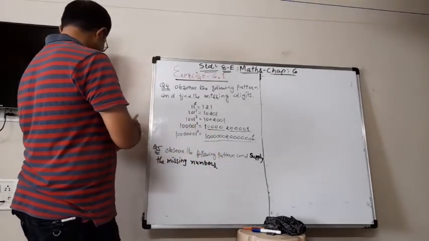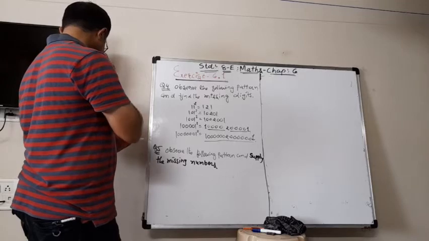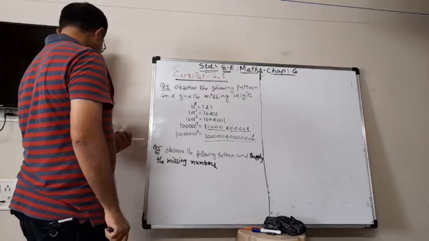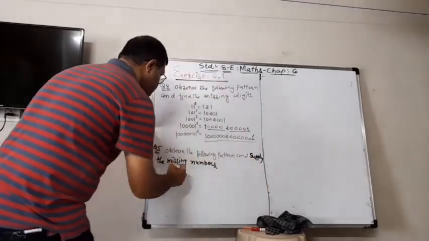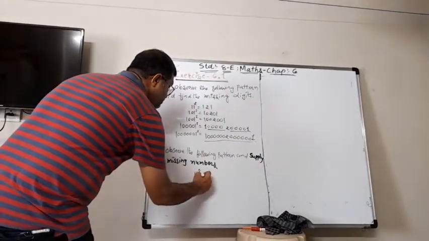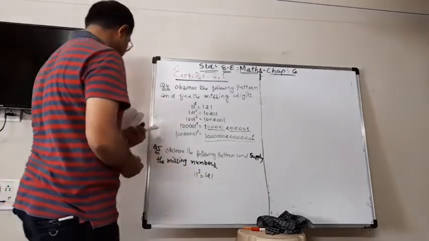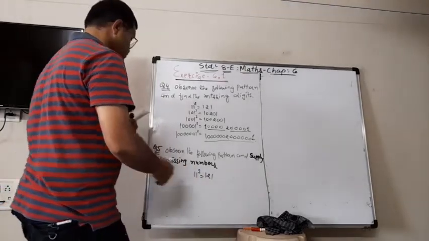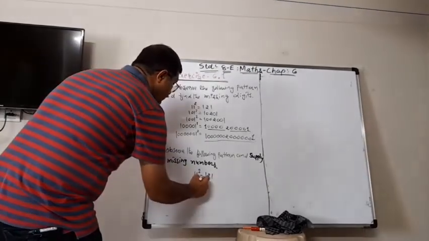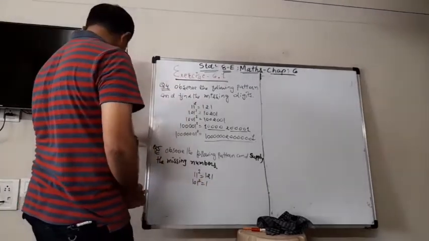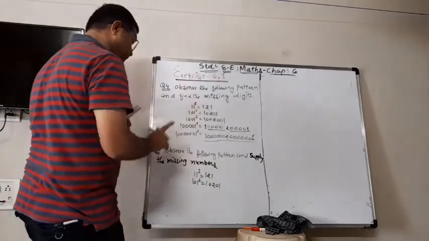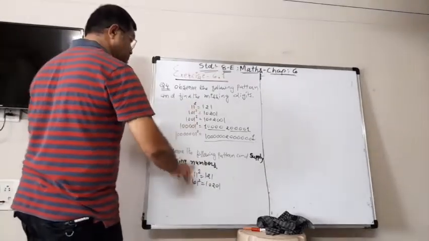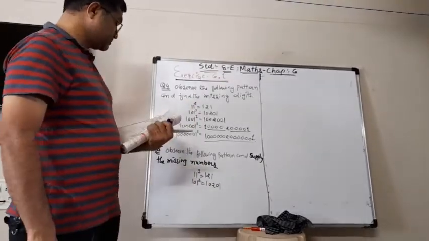So here it is also the same but with a little difference. 11 square is 121. Then 101 square is equal to 10201. But then here both are the same, but now it is not the same.